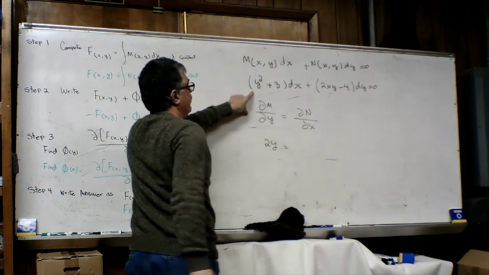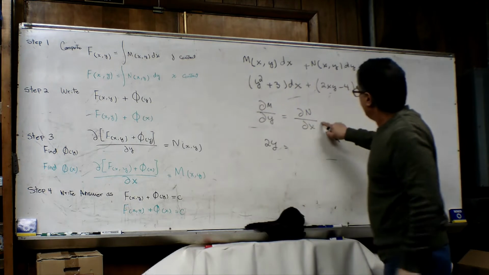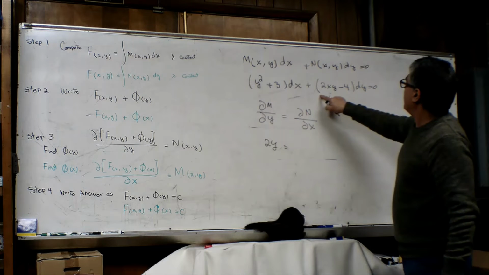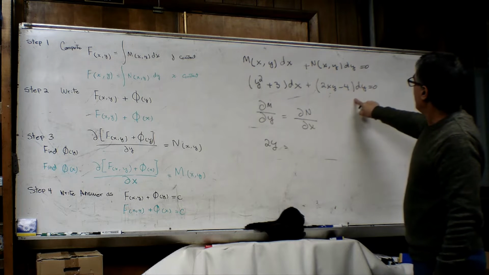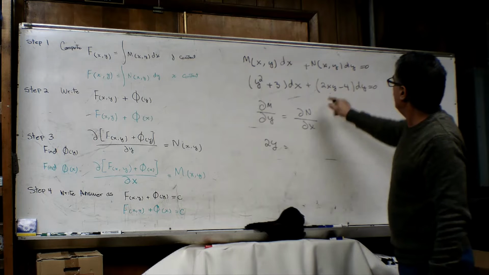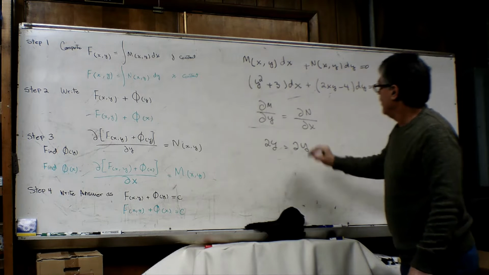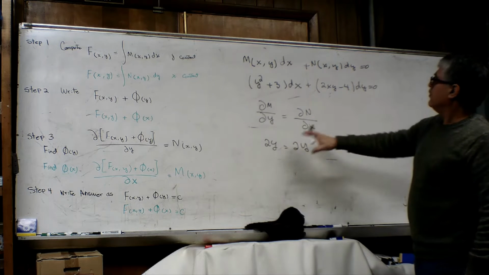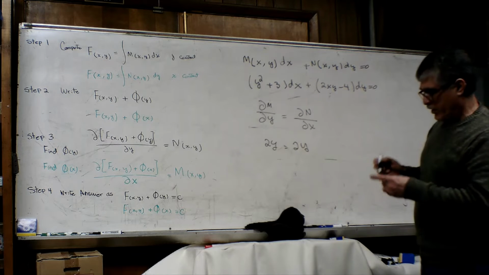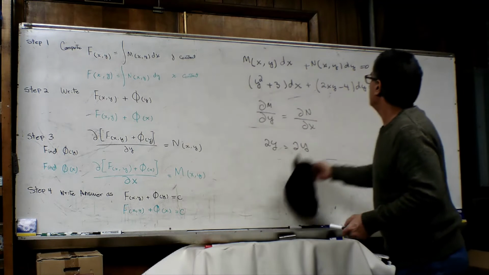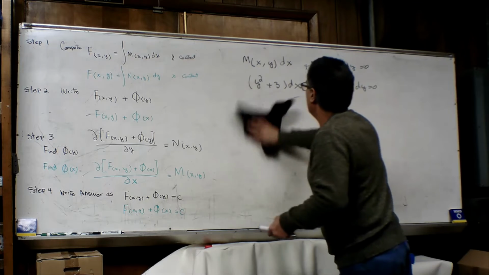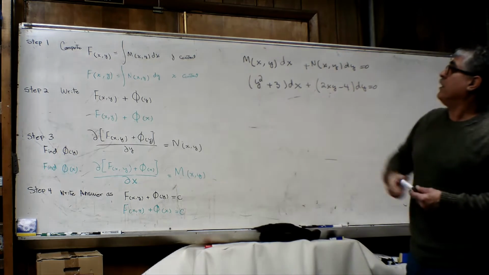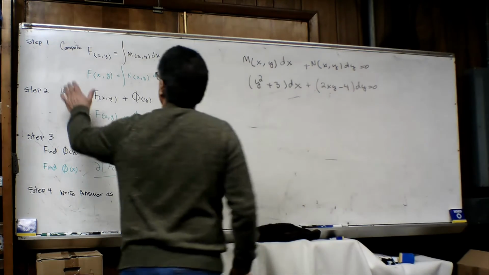That is equal to the partial derivative of N, which is 2xy minus 4, with respect to x, which is 2y. So this is an exact differential equation. Now let's go ahead and use these steps in order to solve.